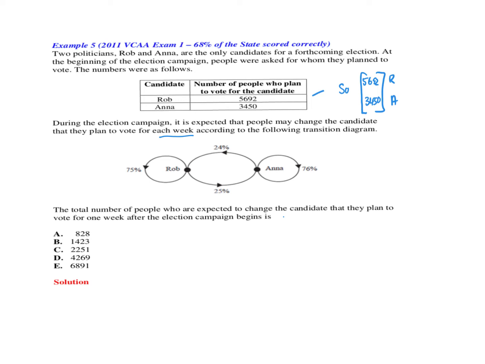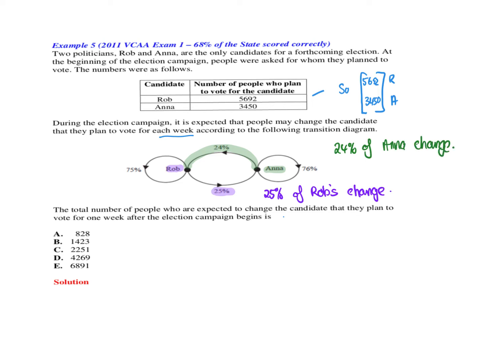So if you're going from Rob and you're going to change to Anna, so 25% of Rob's change. And then you've also got the other way, you've got Anna and you're going to change to Rob, so you've also got 24% of Anna change.